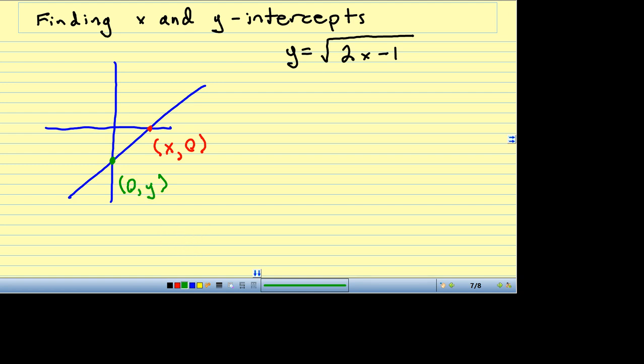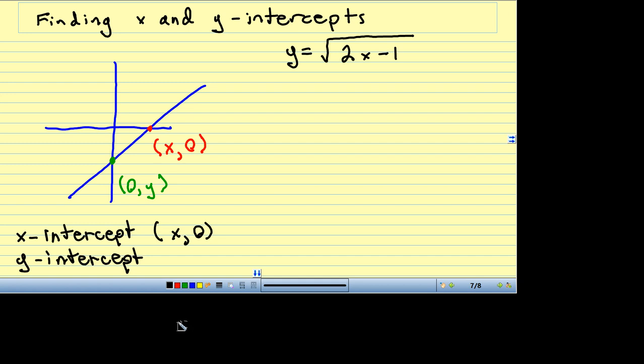This helps me find the x and the y-intercepts, because I need to remember that for my x-intercept, I've got an x value and a y value of 0. For my y-intercept, I've got a 0 for my x value, and I got my y value.